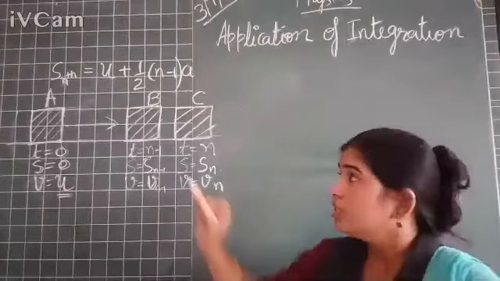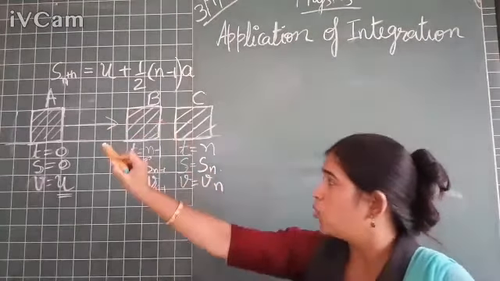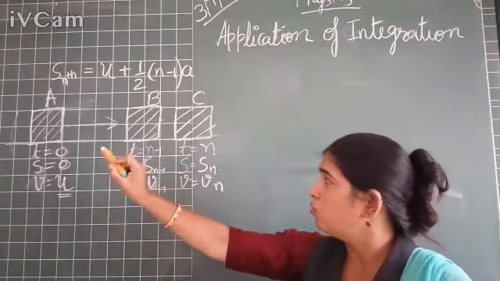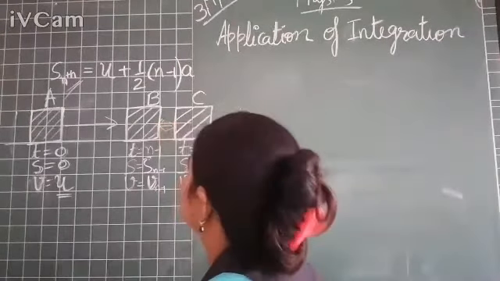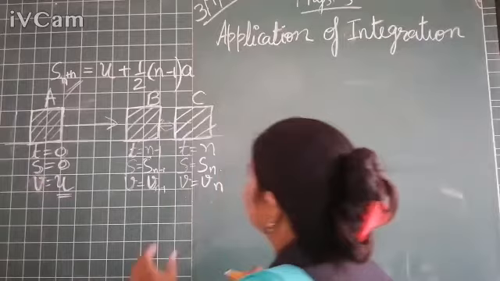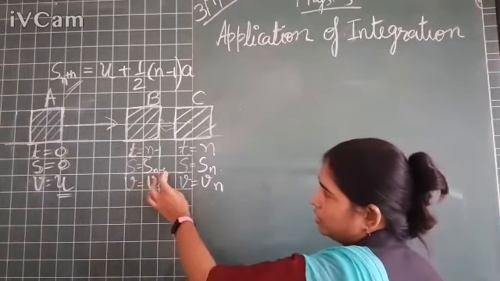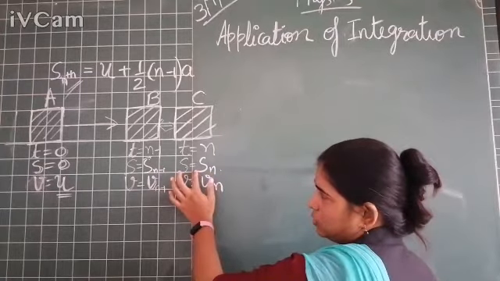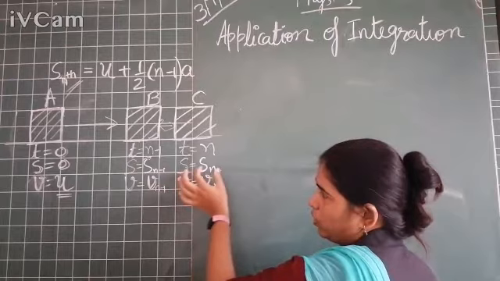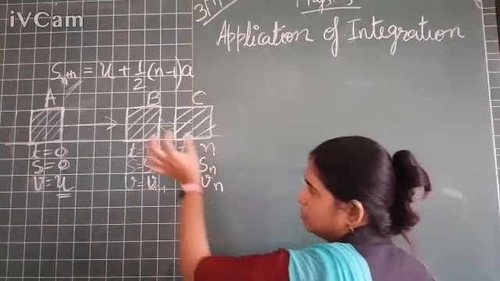Now this Sn is the difference between Sn minus 1 and Sn. So Sn minus S n minus 1 will give you the Sn, that is the displacement in the nth second.